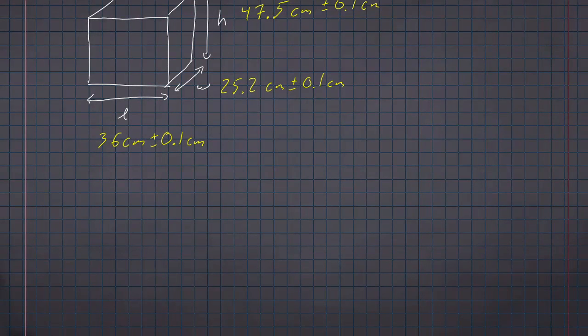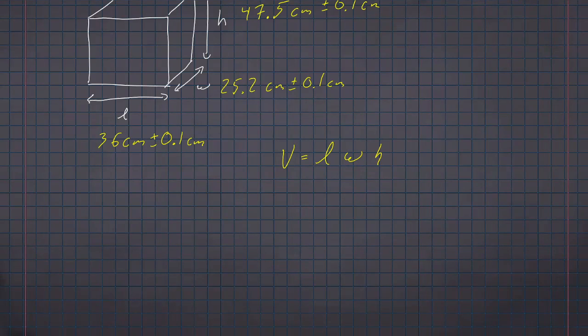Well, we know that volume is length times width times height, and we can calculate the volume. If we declare that the error in the volume is dV, the error in the length is dL, the error in the width is dW, and the error in height is dH, we can also figure that out by differentiating implicitly.